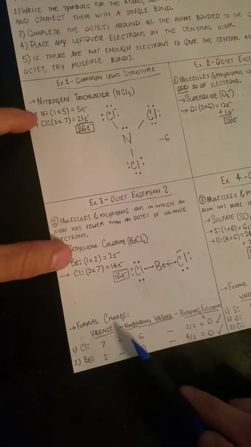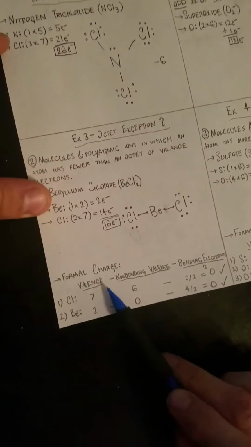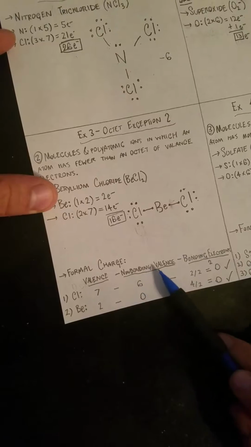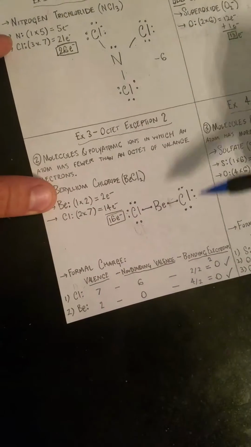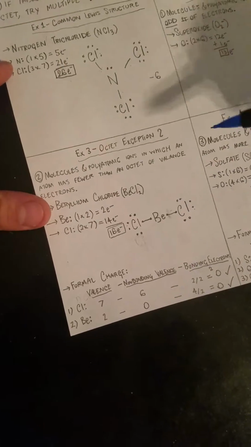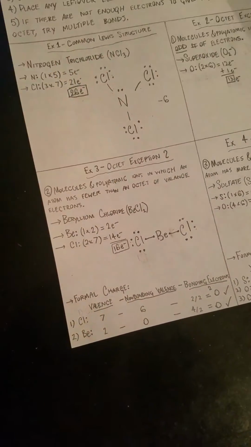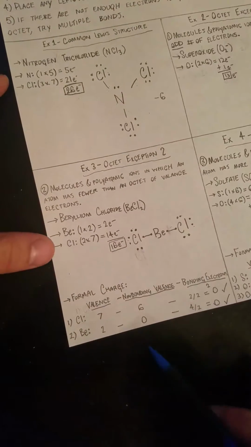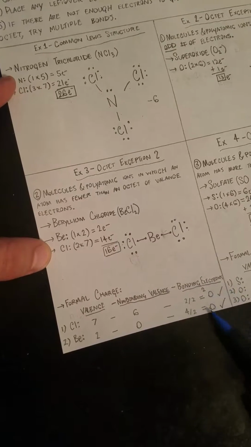And in order to calculate this, we look at formal charge, which the equation is valence electrons minus non-bonding valence electrons minus bonding electrons. So since we know that beryllium chloride has a balanced charge, there's no net charge on it, then these should both equal out to 0, which I've gone ahead and calculated, and they do check out.